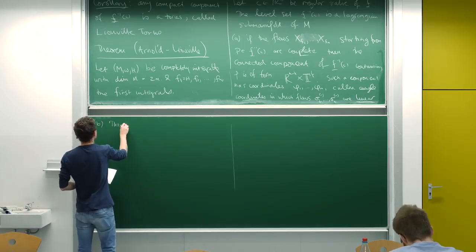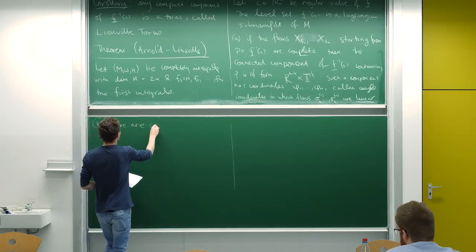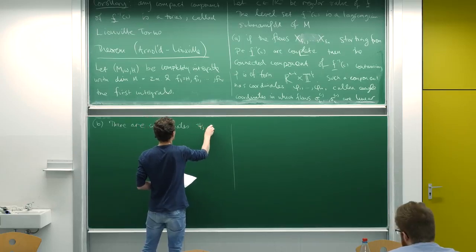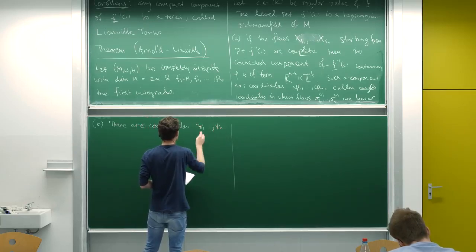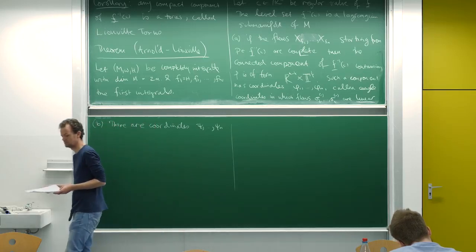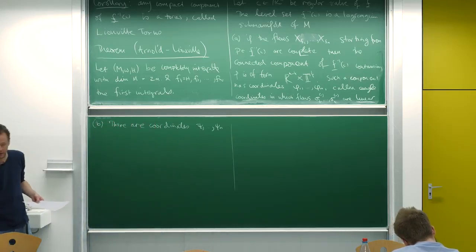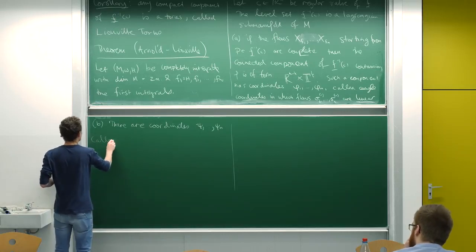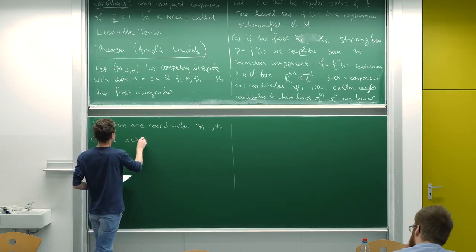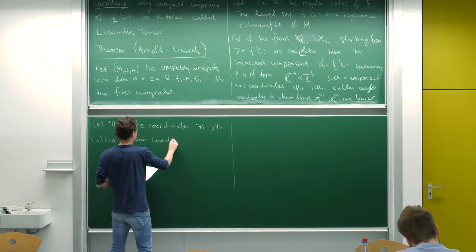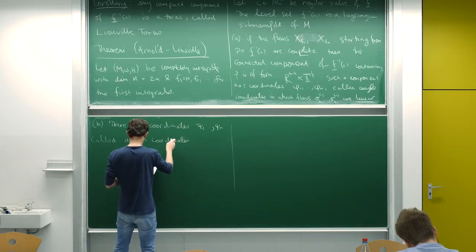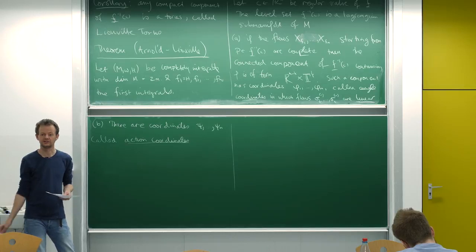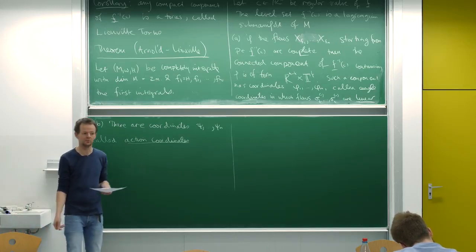So there are coordinates psi 1 to n, conjugate to these angle coordinates, called action coordinates. So this should start to ring bells from classical mechanics. You should remember action-angle variables.